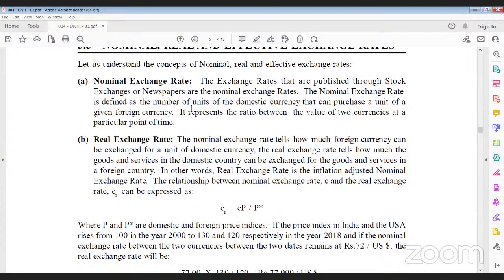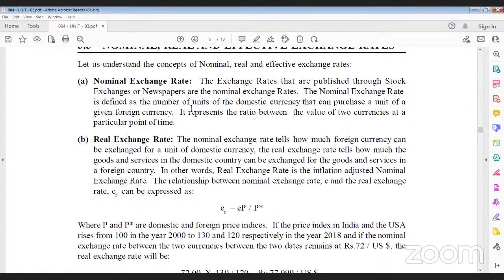Now, what is nominal exchange rate and real exchange rate? These exchange rates that are published through stock exchanges or newspapers are nominal exchange rates. Next time when you happen to watch the newspapers or the places, even mobile applications, you will be able to locate and identify them as exchange rates.